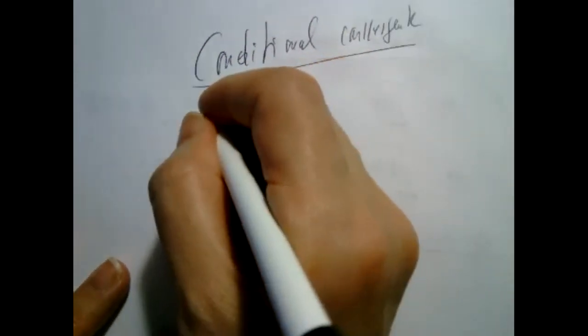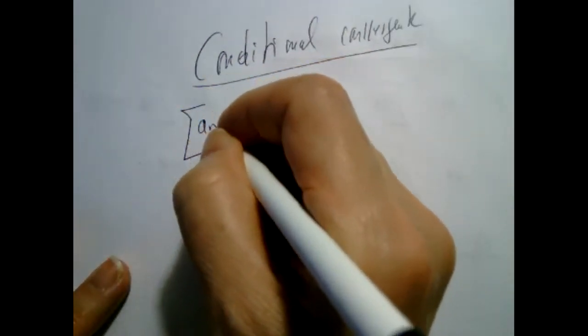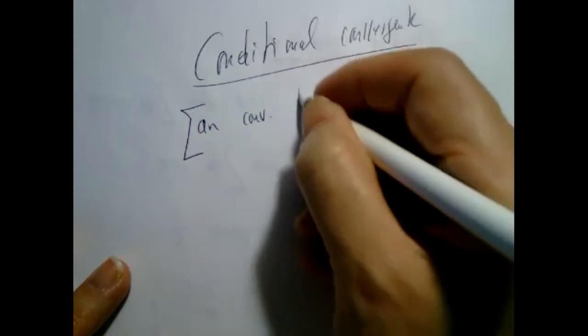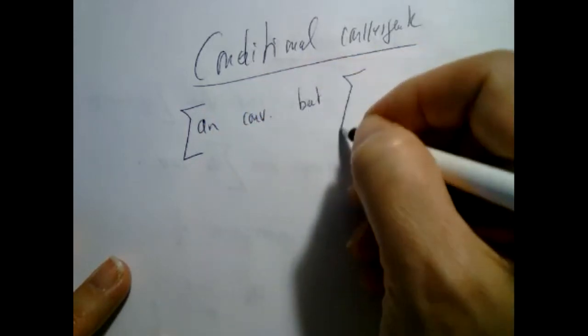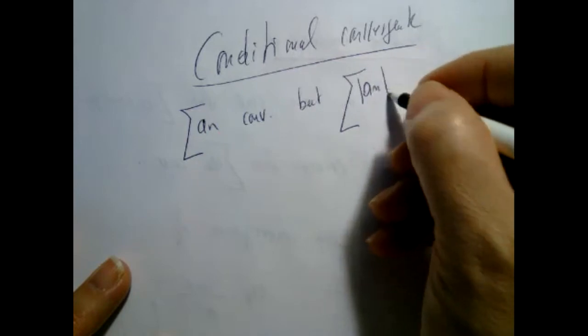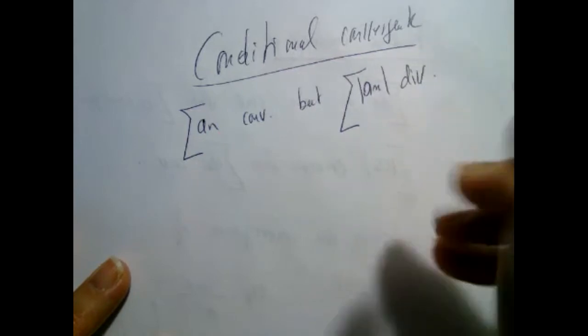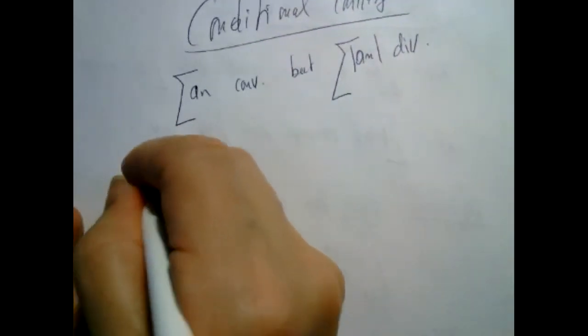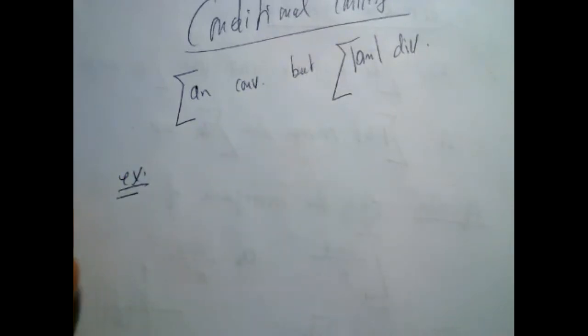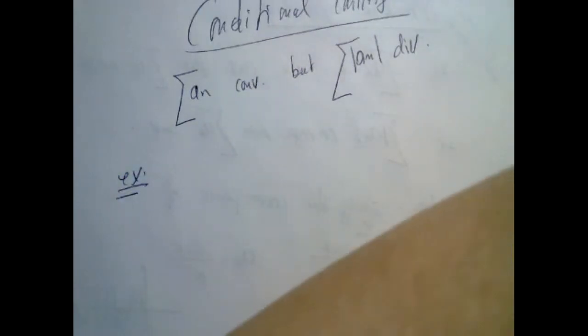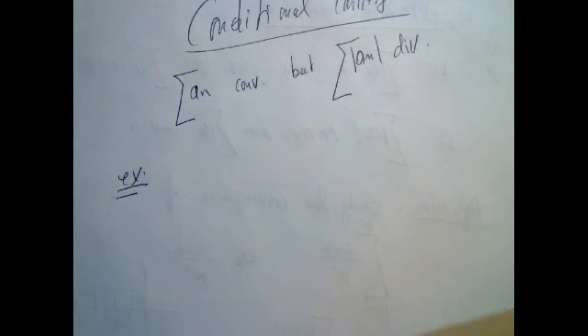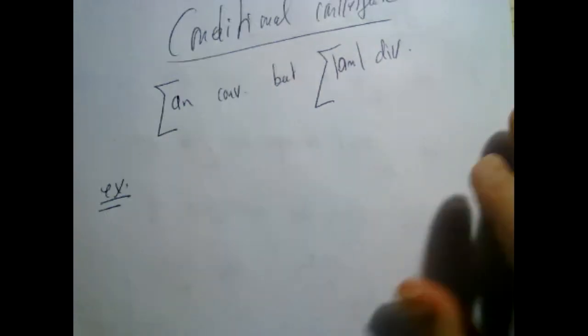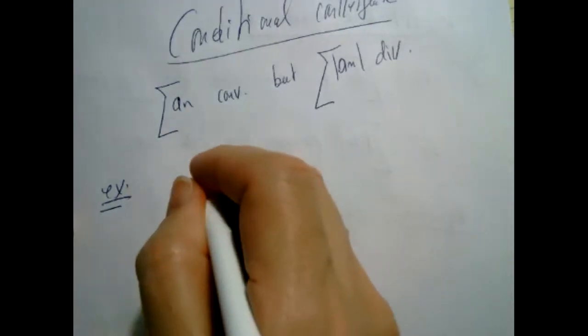It means that this series converges, but in absolute value, it diverges. Who can give me quickly an example of that? What's the easiest example you can give me?